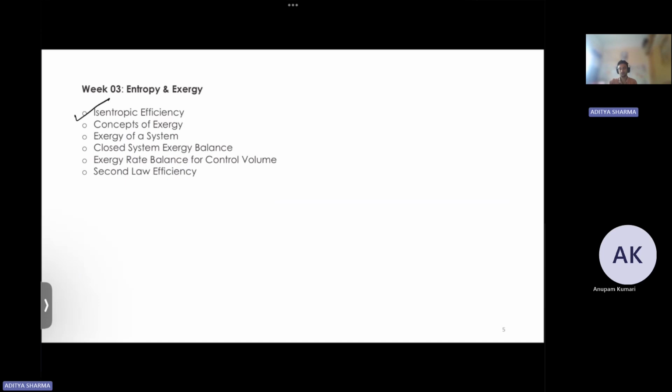Then comes the concept of exergy. As I've already mentioned, this is the maximum theoretical value of work. And one important concept here is the dead state. So what is a dead state? Initially your system will be in some thermodynamic state, and the environment of the system will be in some other thermodynamic state.